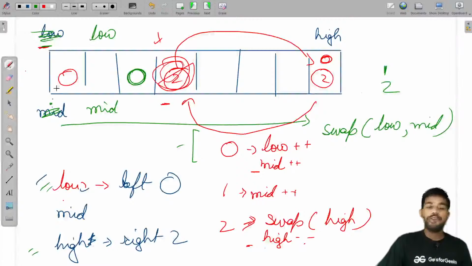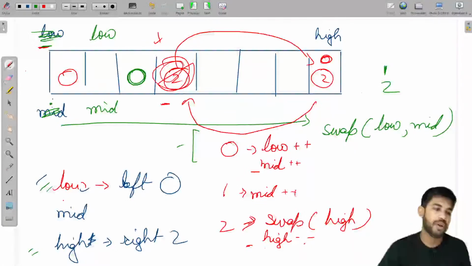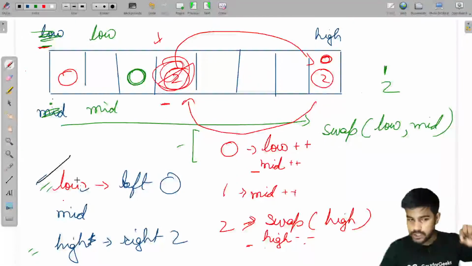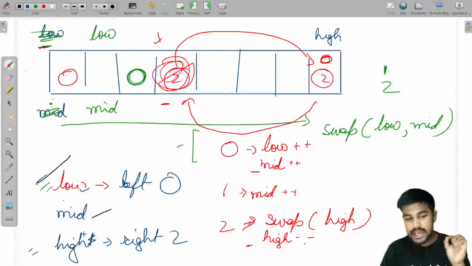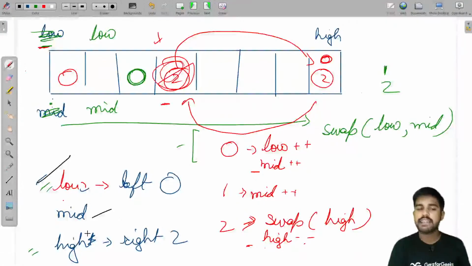So now we would do a quick revision of what we have learned. The revision is we would initialize 3 pointers. Low, where the left of low would be 0, and then the mid, which would be between the elements, and the high, which would be on the right, and the high's right would contain the element 2.